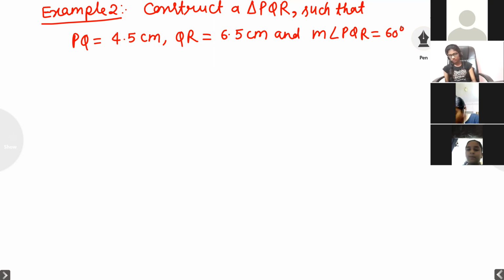What is M here? Measurement of angle PQR. M is measurement, don't confuse. Sometimes they give M, and sometimes without M also. Measurement of angle PQR is equal to 60 degree.